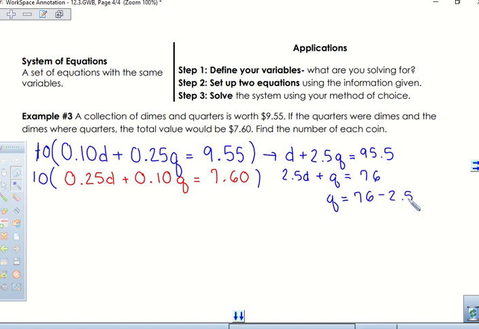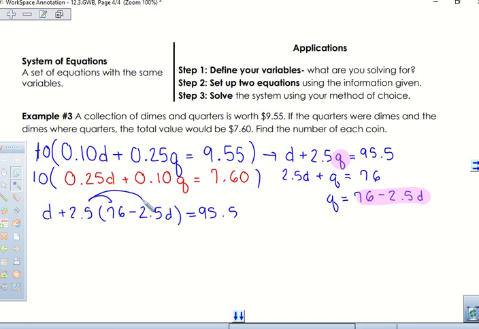So now that I know what q is equal to, what can I do with that? Plug it into the other equation, right, for q. So that's going to give me d plus 2.5 times q, which is equal to that, all equals 95.5.